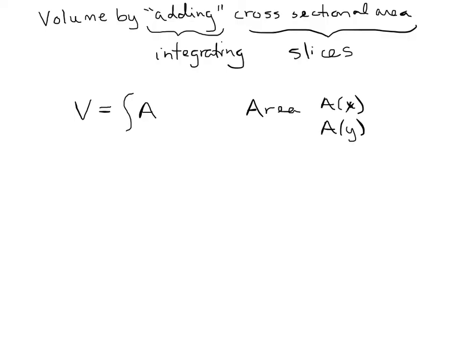Once again, every time I say add, what I mean is that we are going to integrate. And by slices, I mean cross-sectional area, and that's what we are going to be integrating to find volume.